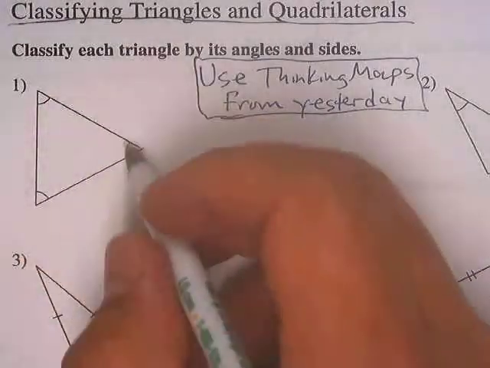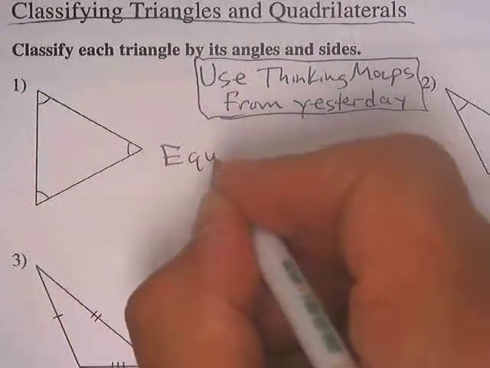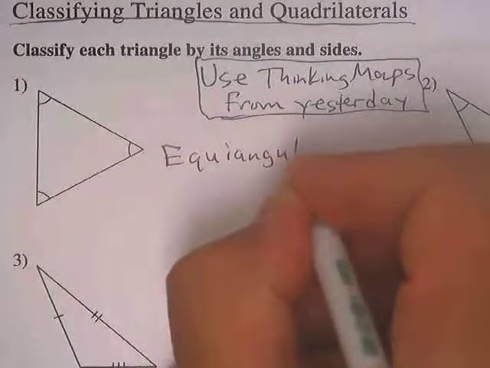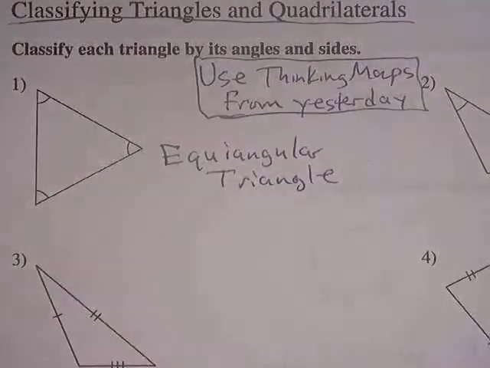That would be very helpful. So if you look at this, this has angles, and you can see they all have the same mark. So that means you have 3 congruent angles. This is an equiangular triangle.